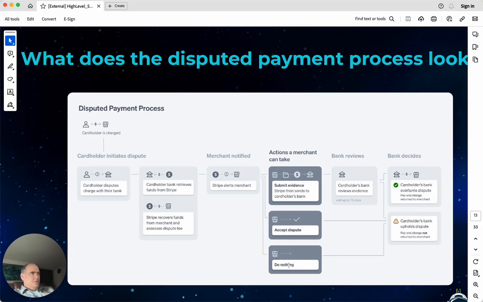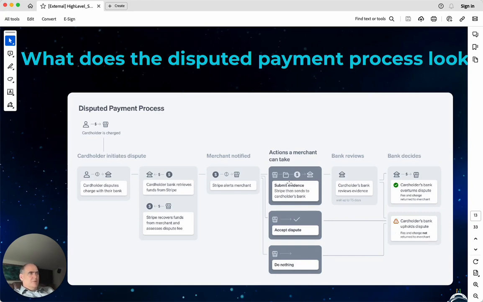So if you don't do anything, you go right to the cardholder's bank upholds the dispute. They keep the money and the fee. Stripe keeps the fee, the bank keeps the money, and you went backward. You didn't just negate your purchase, you actually lost additional money. You can accept the dispute, in which case the cardholder's bank upholds the dispute. The fee and charge are not returned to the merchant because they were already taken.